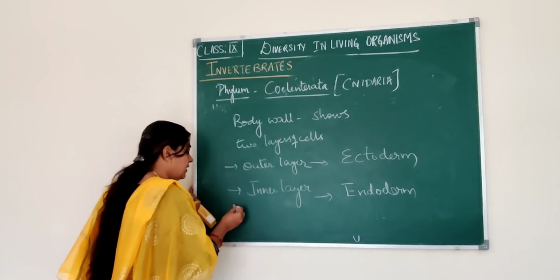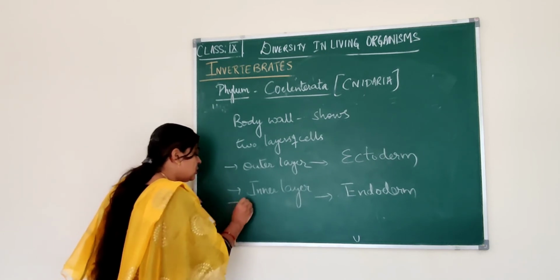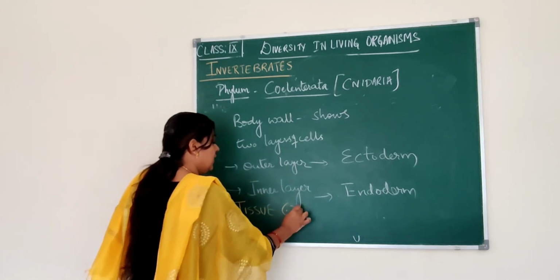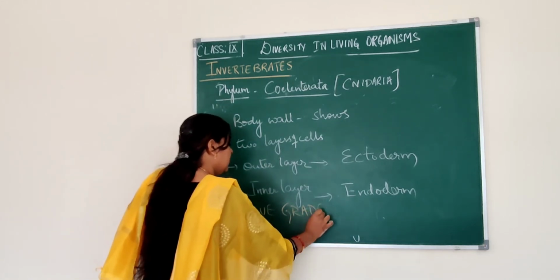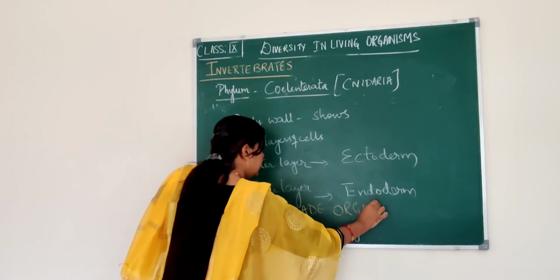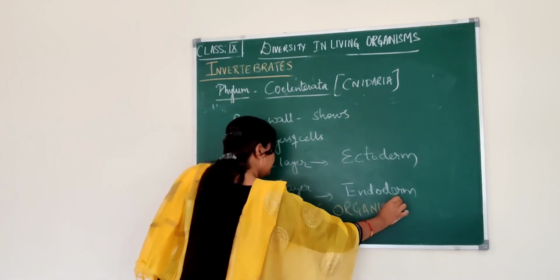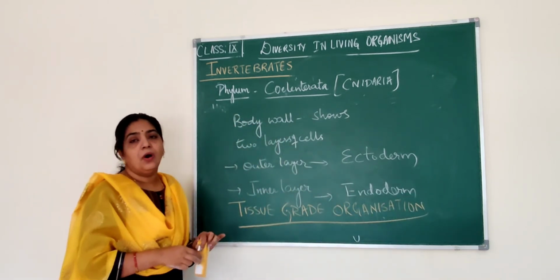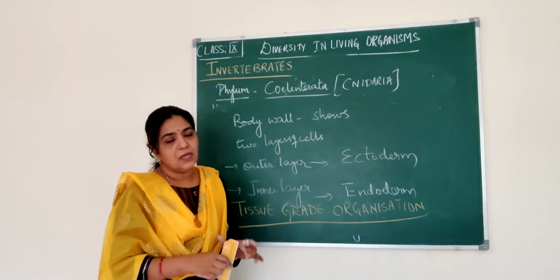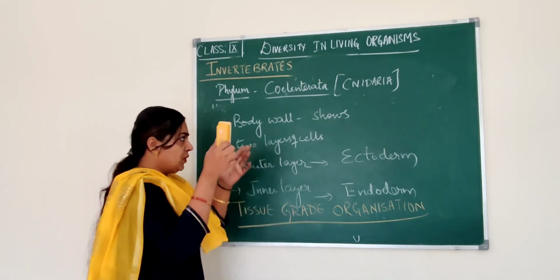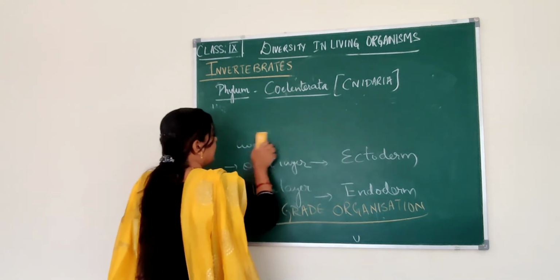So here what we see is tissue grade organization. They are diploblastic organisms.